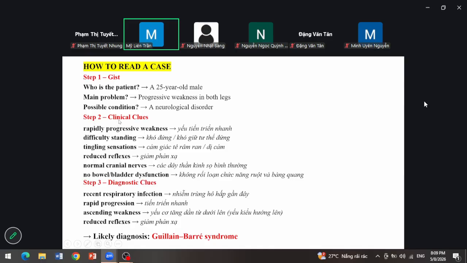The symptoms based on the clinical examinations are rapidly progressive weakness, difficulty standing, tingling sensations, reduced reflexes, normal cranial nerves, no bowel dysfunction or bladder dysfunction.